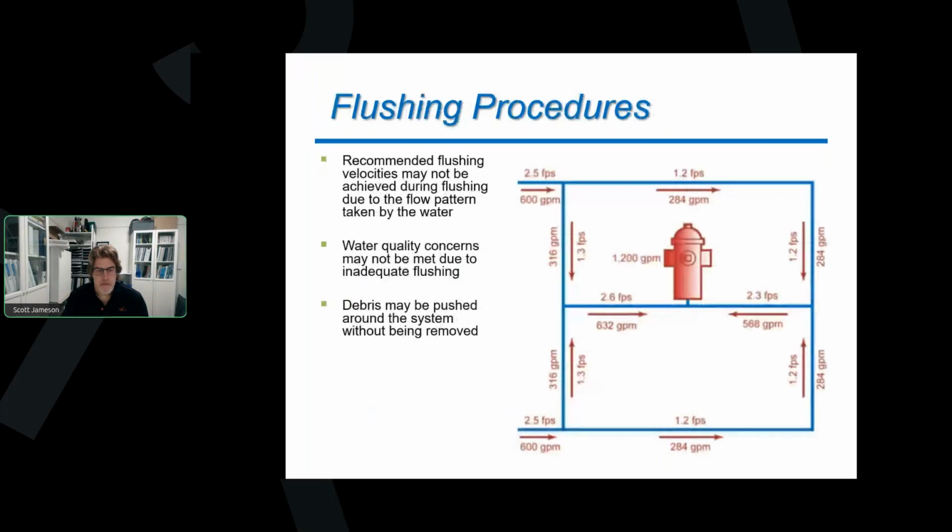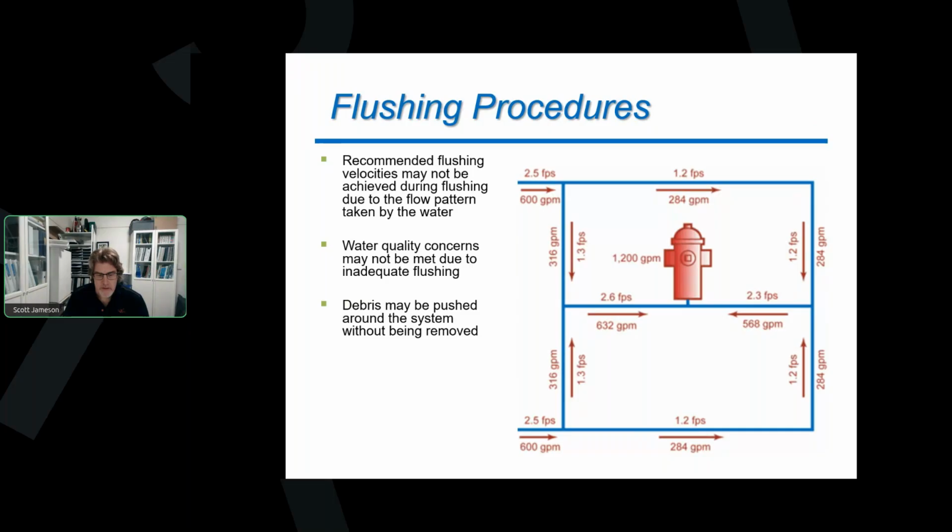Now, this diagram is just the idea of why we want to do a unidirectional program rather than just regular flushing. So we're trying to show here if we have a loop system and you're going to the fire hydrant in that loop system and you're opening it up and you're measuring the flow out of there and you're getting that 1,200 gallons per minute.